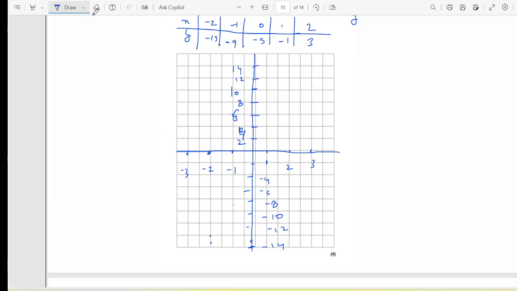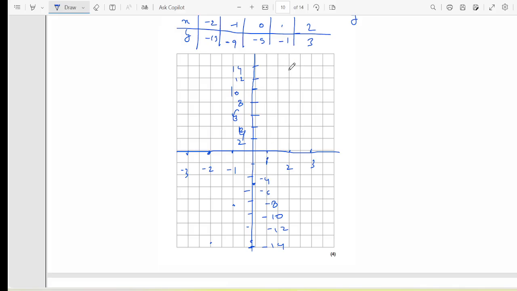Then x is -1 and y is -9, which would be between -8 and -10. Then x is 0, y is -5, which would be there. Then x is 1, y is -1, which is here.